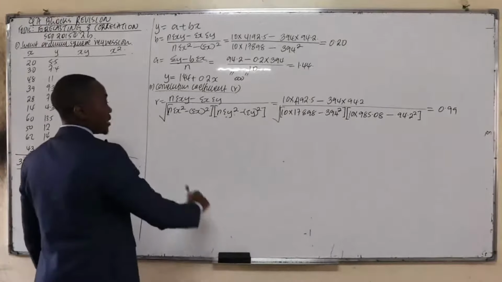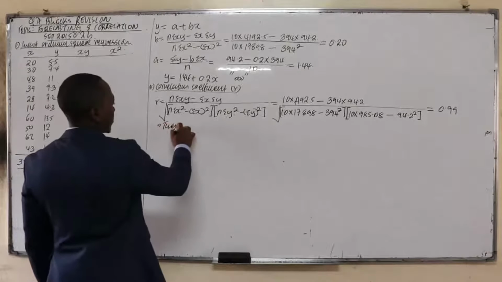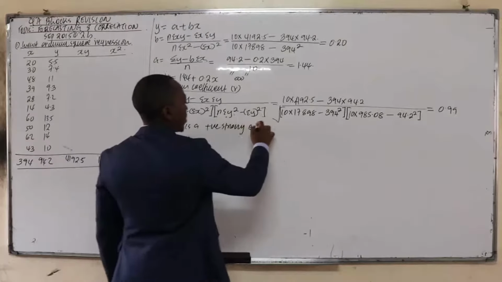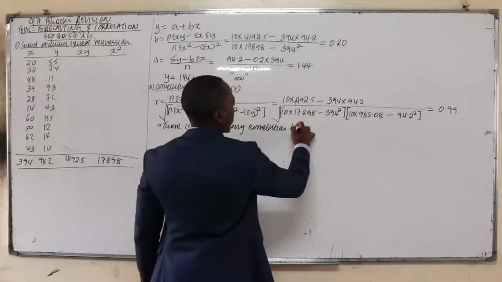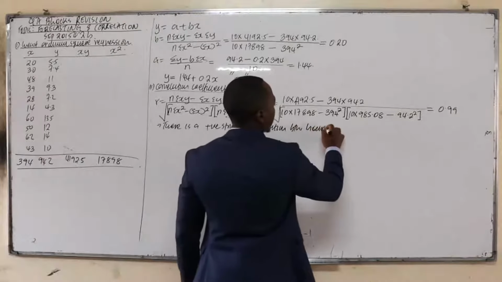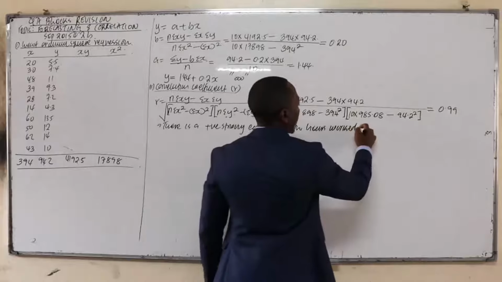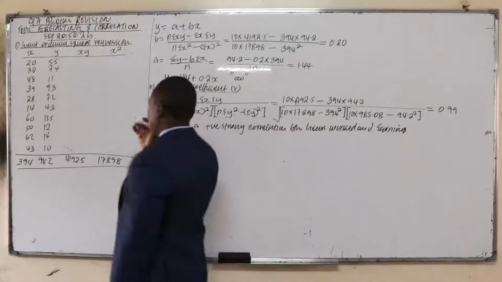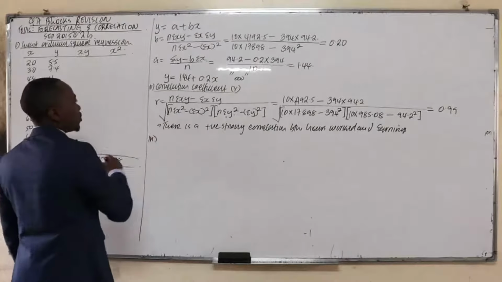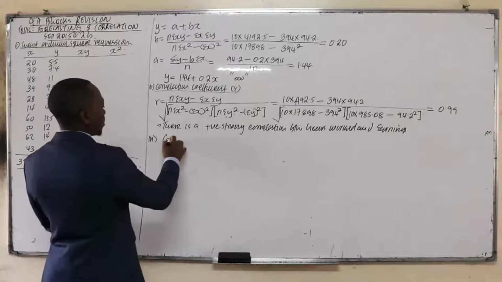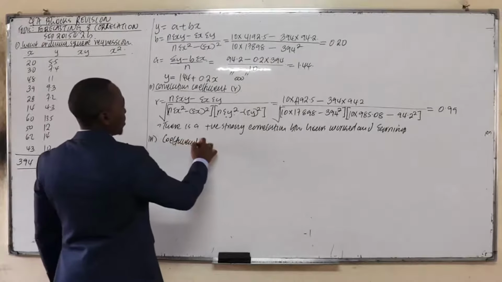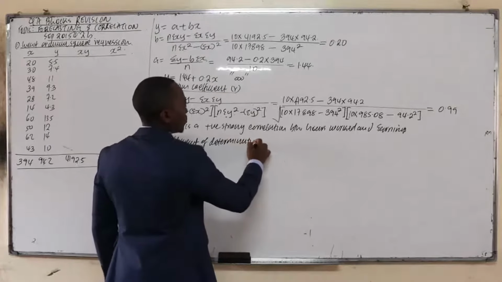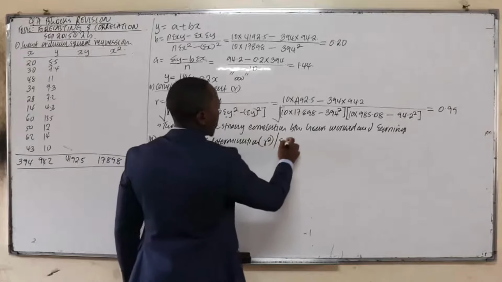So what does that mean? There is a strong positive correlation between hours worked and the earnings. What if you are to compute the coefficient of determination, denoted by R squared? It's also known as the explanatory power.